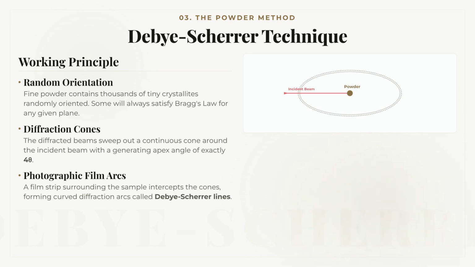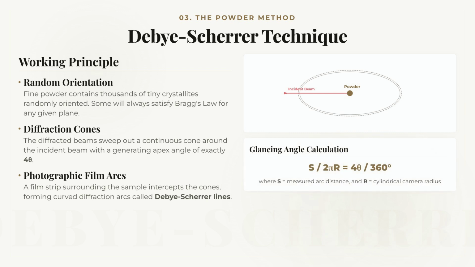Suppose S is the distance measured along the film between two diffraction lines produced by the same cone. If R is the radius of the cylindrical camera, then the diffraction angle can be calculated using the relation S divided by 2 pi R equals 4 theta divided by 360 degrees.